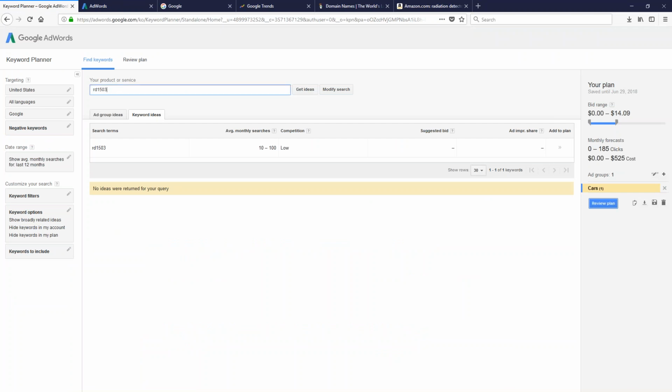Now, I mentioned some other possibilities in terms of different niches that I could make for this same kind of a website.